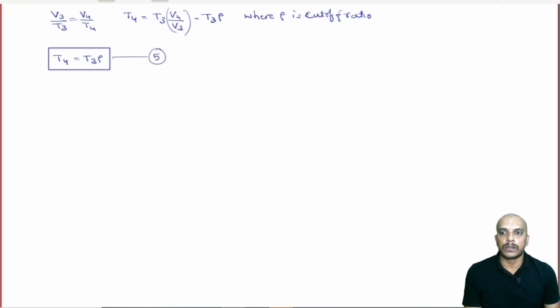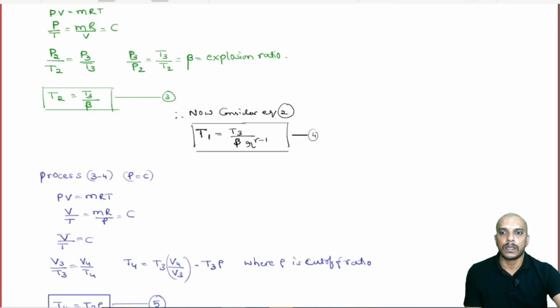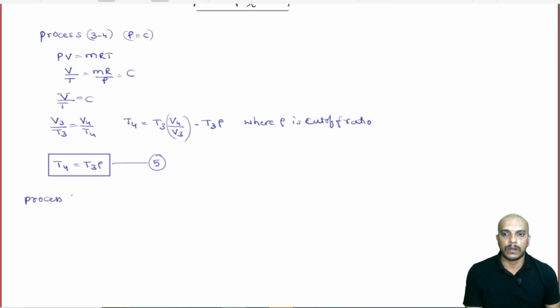Okay. Now, let us go to the next process, which is 4 to 5. Now, what is 4 to 5? 4 to 5 is P4 V4 power gamma is equal to P5 V5 power gamma. We want to rewrite pressure in terms of temperature.